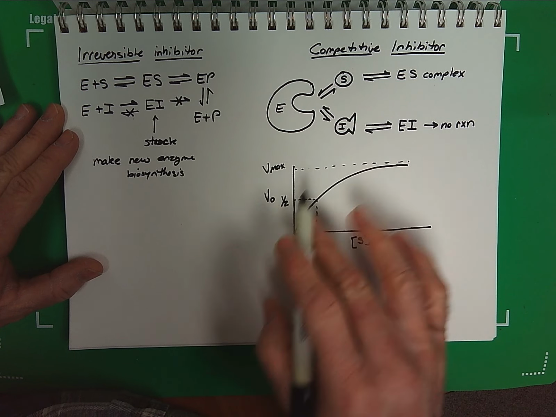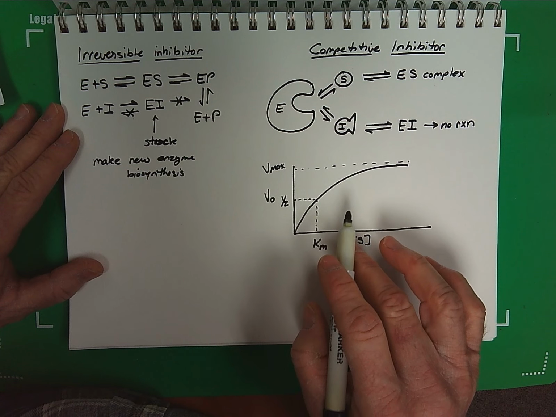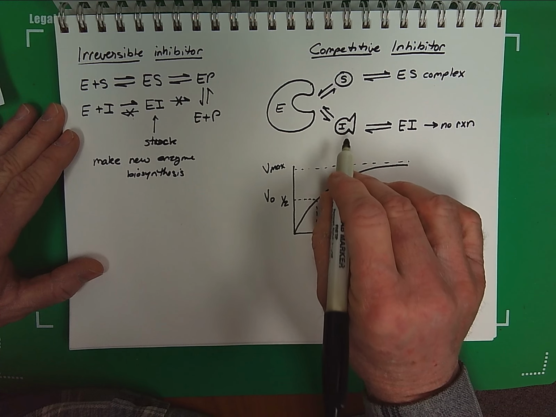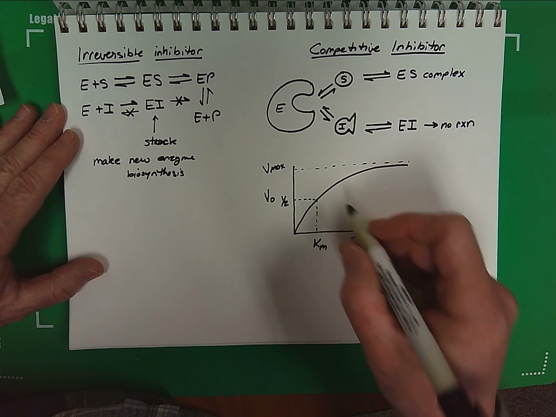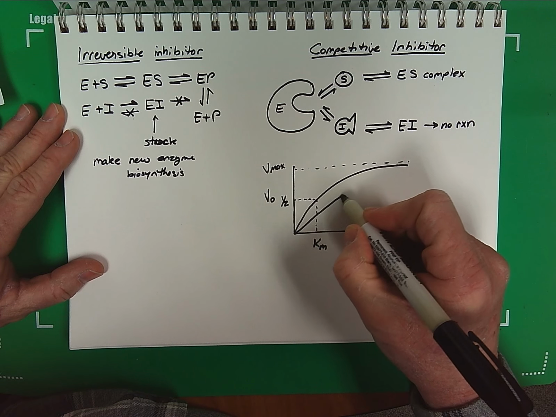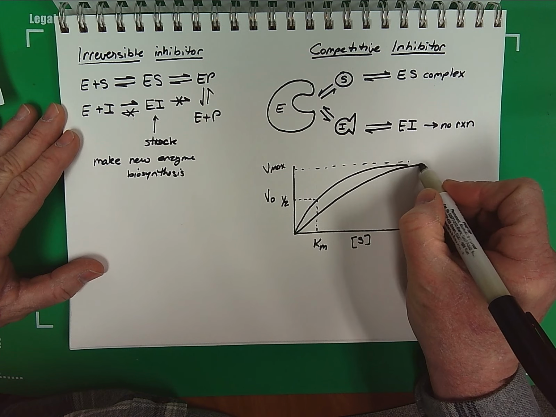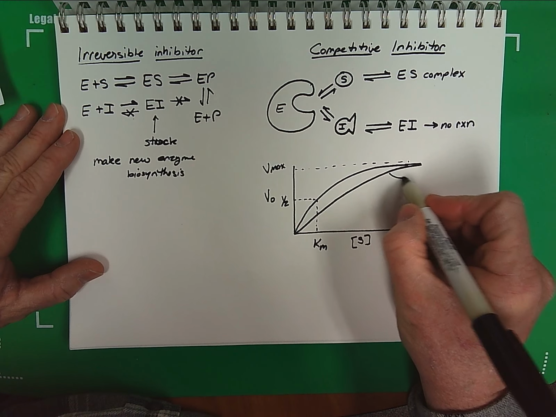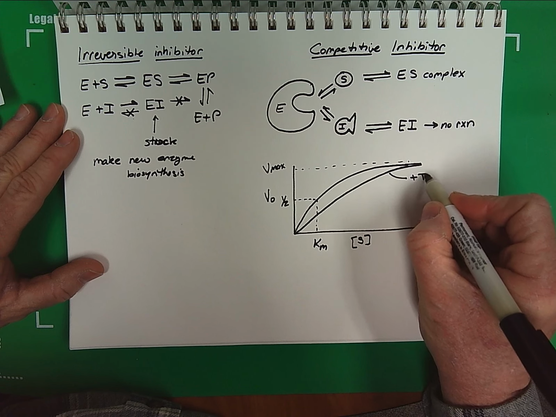Now, if we do the same experiment, mixing the enzyme and substrate concentration, but now we also add inhibitor, what we're going to get is a slightly different curve. This curve is plus inhibitor.